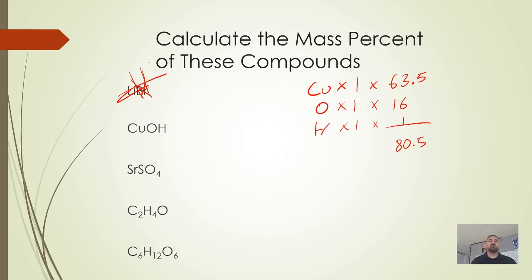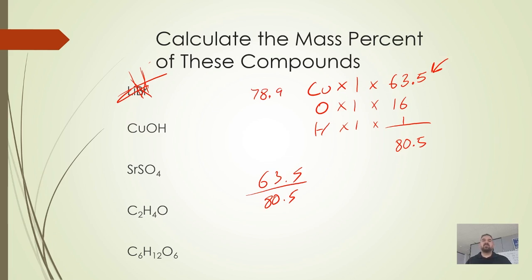And then to calculate our percentages, we're just going to get the total mass of copper divided by the total mass. So 63.5 divided by 80.5, what does that give us? Multiply by 100. 78.9. Let's go ahead and get oxygen.